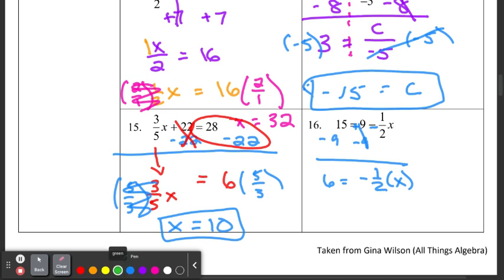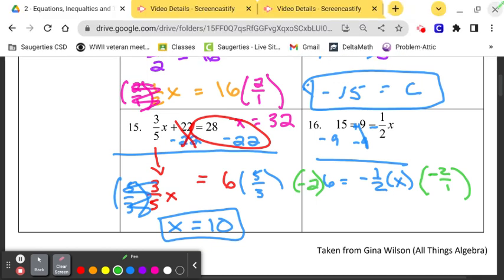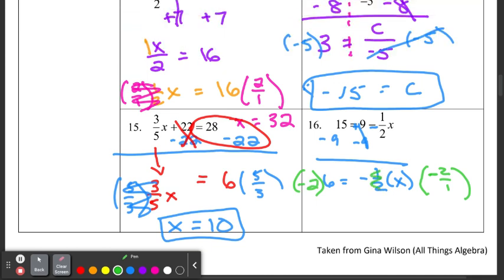So to get the x by itself, we're going to multiply by the reciprocal, so negative 2/1. And then on this side, I'm going to be a little fancy. Instead of writing negative 2/1, I'm just going to write negative 2. It's the same thing. So those fractions cancel. Negative 2 times 6 is negative 12 equals x.